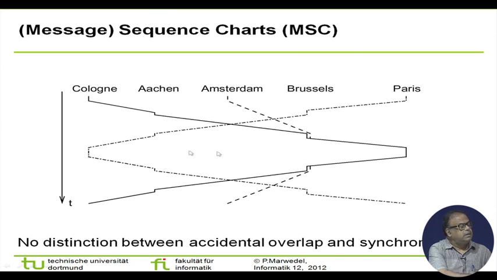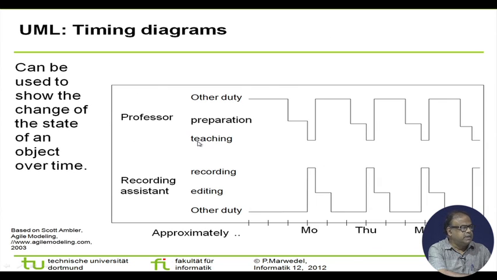Suppose the scenario is that this train starts from Cologne and comes to Brussels, and the shuttle train comes from Amsterdam to Brussels, and then the coaches join together and travel to Paris. Whether that is happening or not is not shown. Whether these are synchronizing, or there is an accidental overlap, is not very clear in these representations.